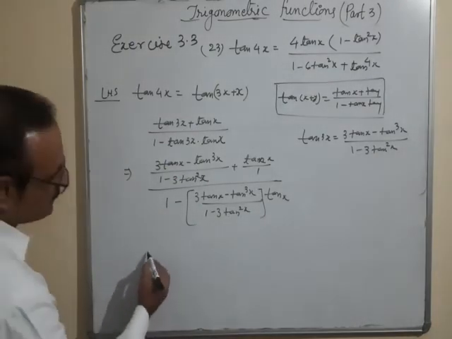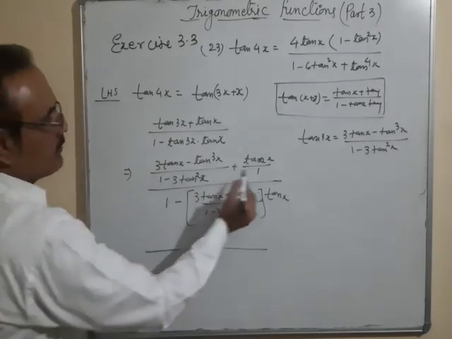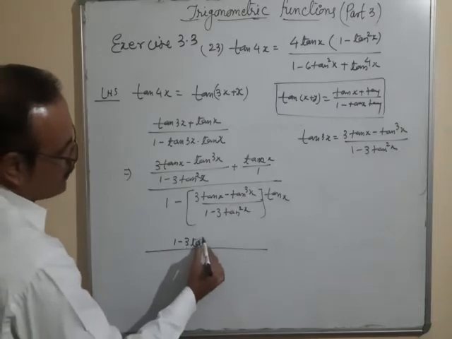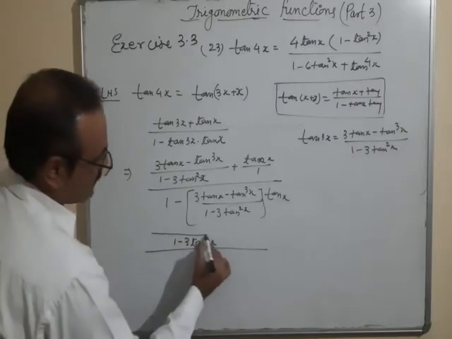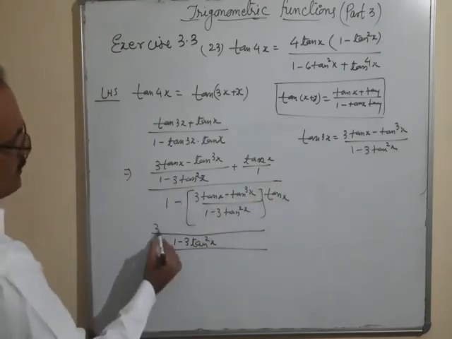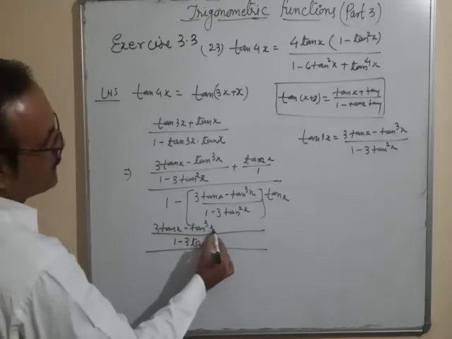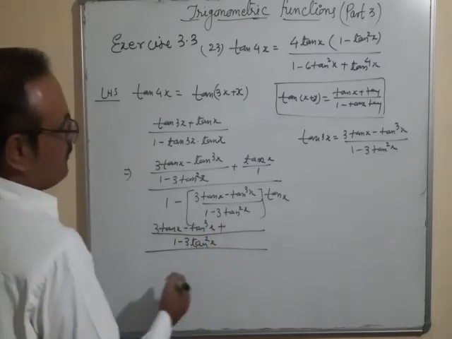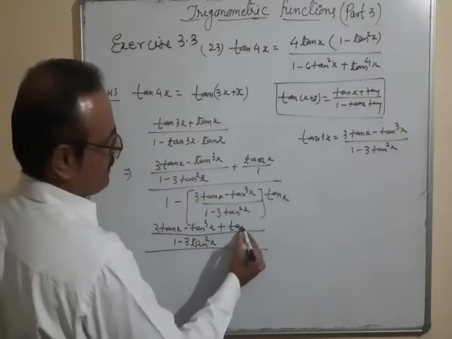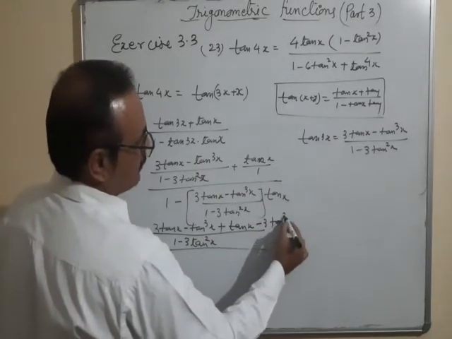For calculation, the LCM is 1 minus 3 tan square x. In the numerator: 3 tan x minus tan cube x plus (1 minus 3 tan square x) multiplied by tan x, so it is coming tan x minus 3 tan cube x.